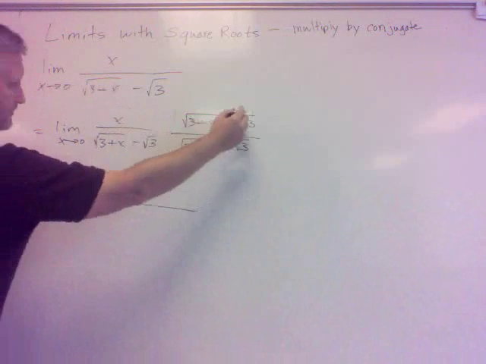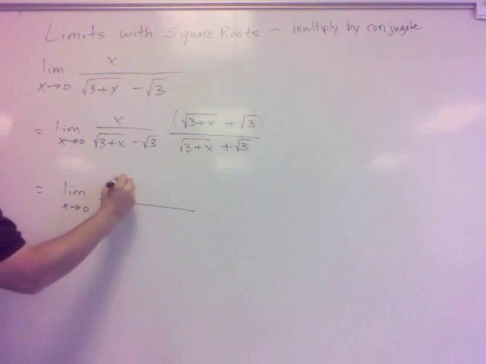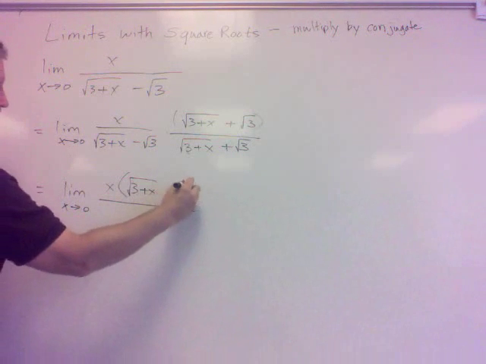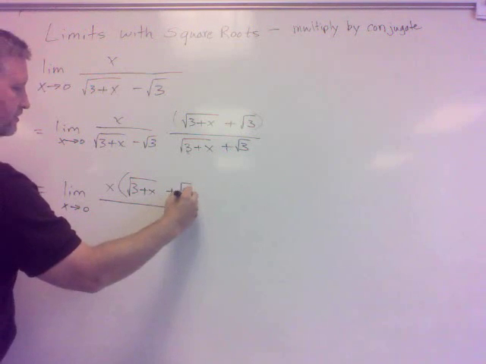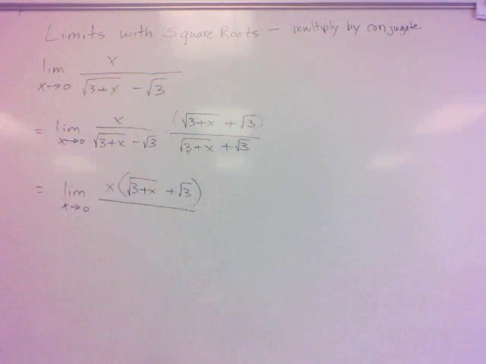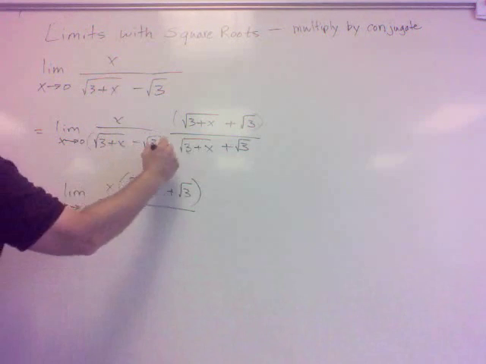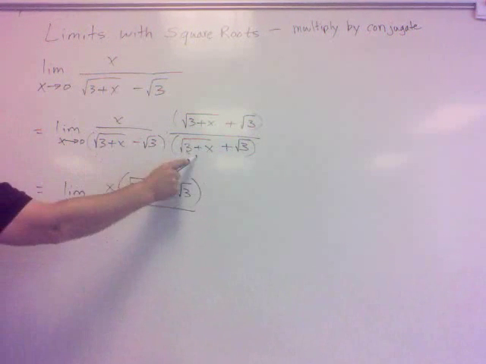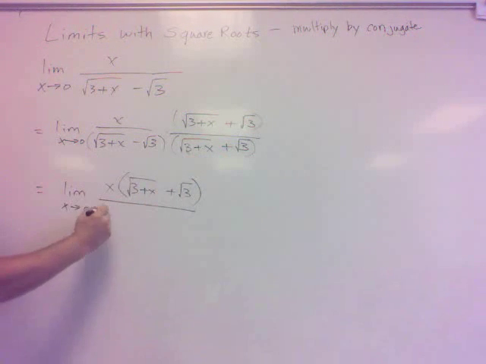On the top, I would just leave that, not multiply that out. Just leave it x times the square root of 3 plus x plus square root of 3. Because we're going to wind up canceling that x anyway. Then the bottom, well, you know the story there. You got the square root of 3 plus x times the square root of 3 plus x. That's 3 plus x. Square root goes away.